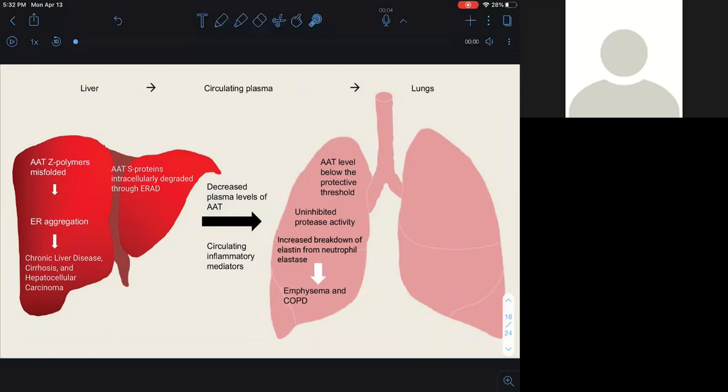And the AATZ polymers lead to ER aggregation and stress, resulting in liver disease, cirrhosis, and carcinoma. And both mutant S and Z proteins lead to decreased levels of AAT in the blood. And AAT protects the lung from inflammatory mediators such as neutrophil elastase, but with less AAT, there is uninhibited protease activity, leading to increased elastin breakdown, resulting in emphysema and COPD.